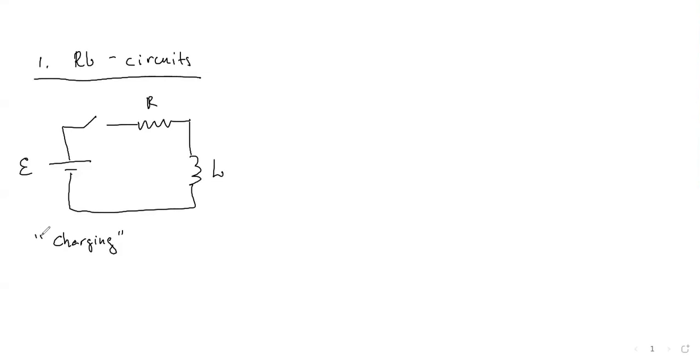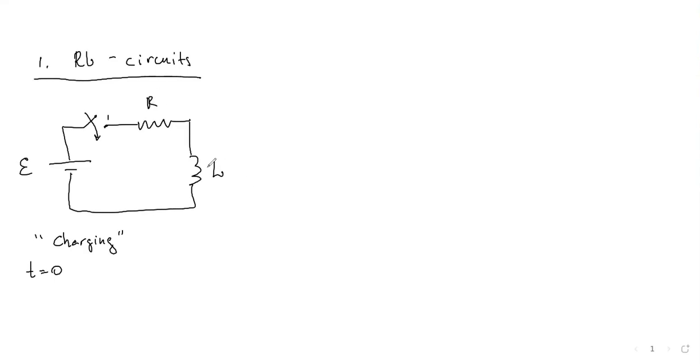So what does charging mean for me? That means at time equals 0, I don't have any current. When I just close the switch, so I'm going to put it to this position 1, then current cannot really start immediately to be, let's say, EMF over resistance value because of the inductance.